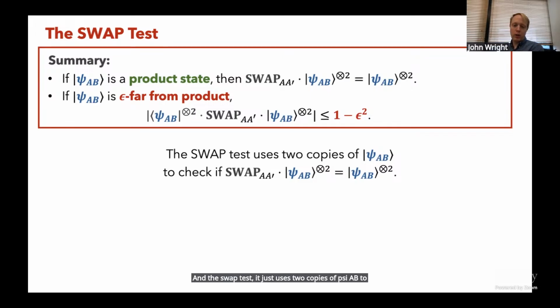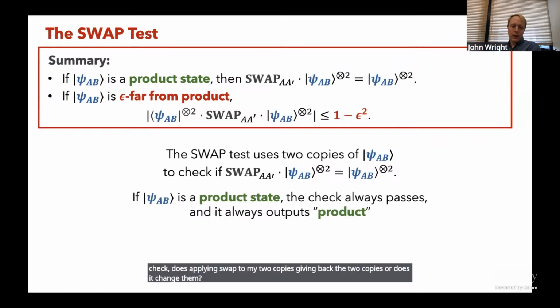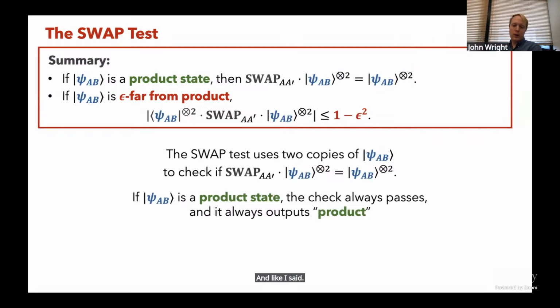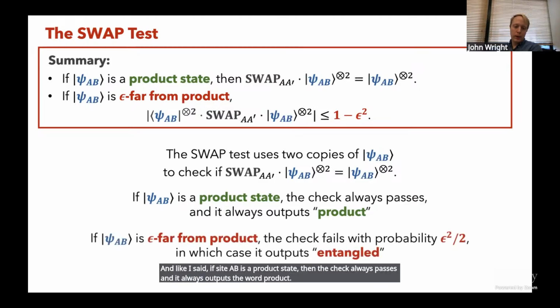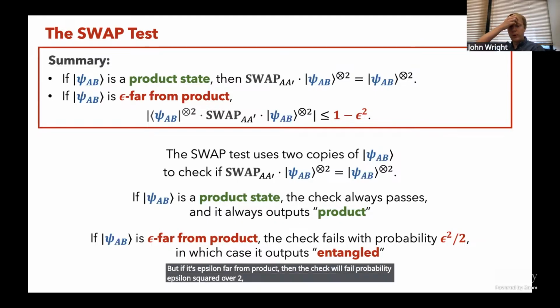It wants to check, does applying swap to my two copies give back the two copies, or does it change them? And like I said, if psi AB is a product state, then the check always passes and it always outputs the word product. But if it's epsilon far from product, then the check will fail with probability epsilon squared over 2, in which case it will output the word entangled. So that's how the swap test works.